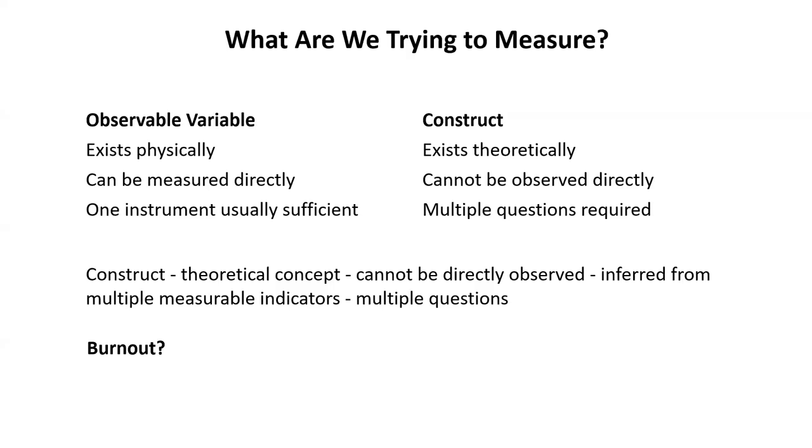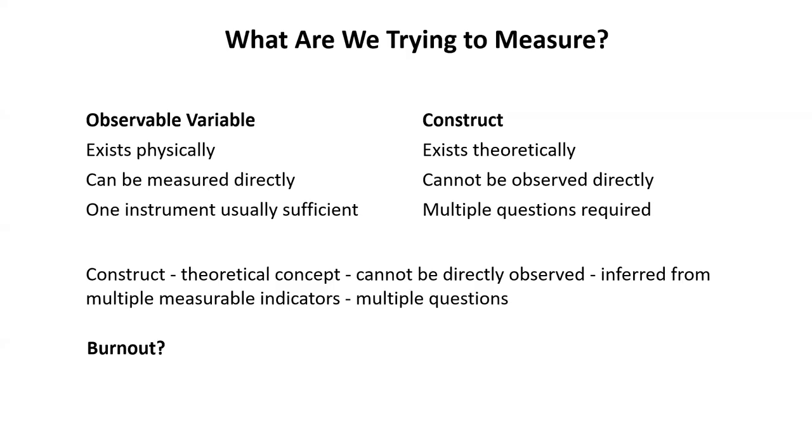So a construct is usually a theoretical concept which cannot be directly observed, and you are going to infer about those constructs through multiple items or multiple questions. And the example of burnout, which we looked at earlier, is an example of such a latent construct. So whenever you are doing your studies, you will enumerate all the variables which are required to answer a research question.